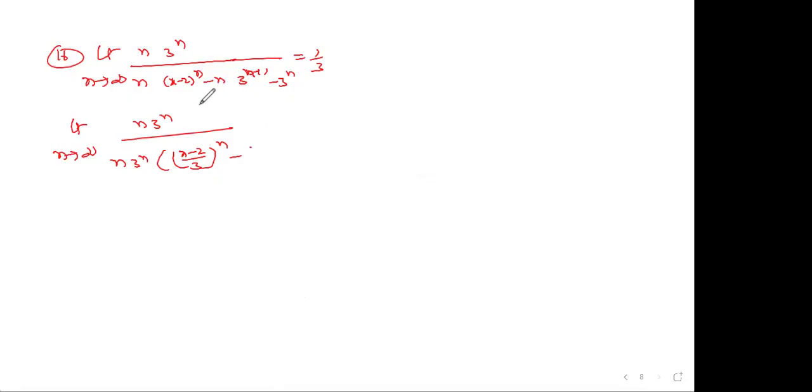Here, n 3 to the power of n means 3 is left out, and 3 to the power of n I have taken here. 1 by n is there, 1 by 3. So close the bracket. These two are cancelled. Now the result is 1 by 3.